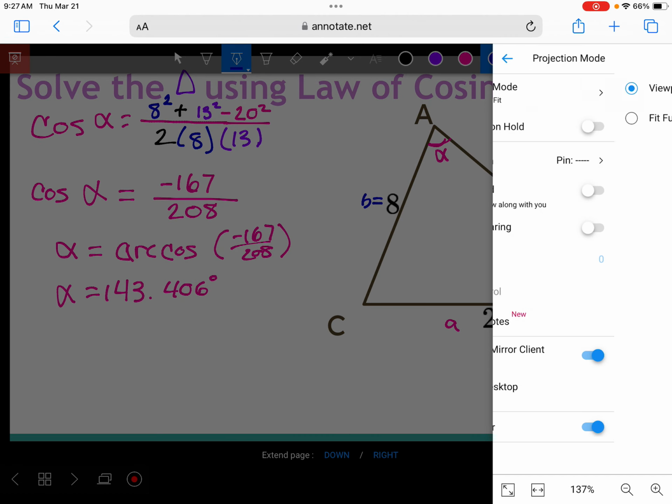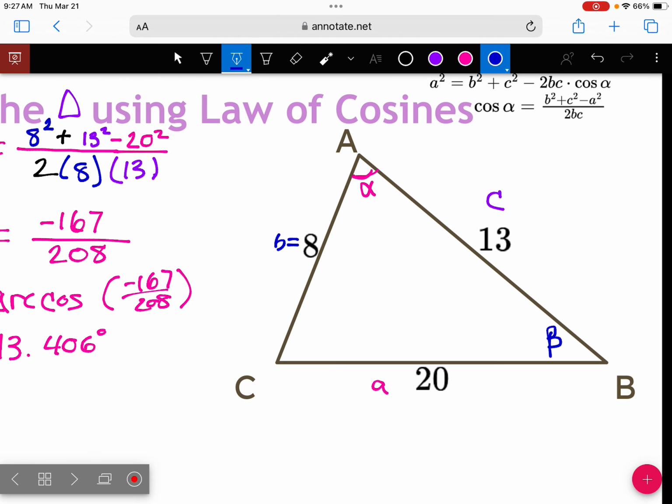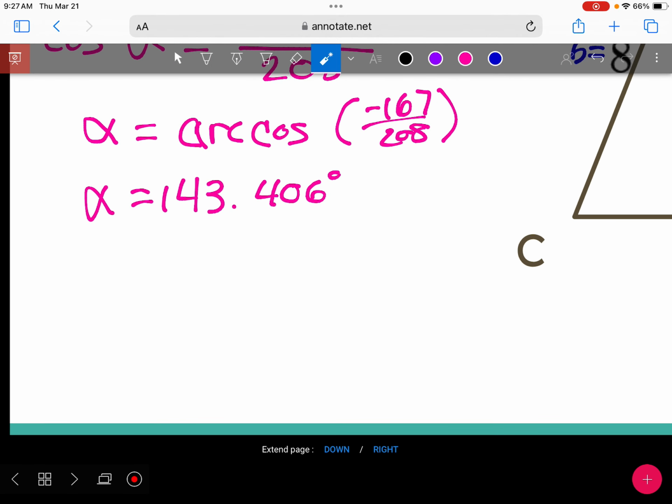So when we set up our law of cosines, since it said we're going to solve using law of cosines, I'm going to use my law of cosines again. It's important to remember that when we're solving for angle beta, these two values are my sides that touch the angle, and this is my opposite side. So when we set up our law of cosines for cosine of beta, we're going to set this up really carefully.